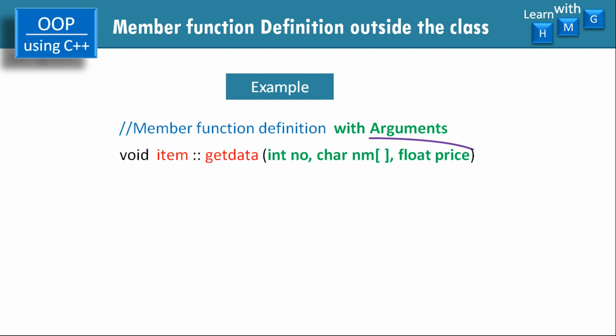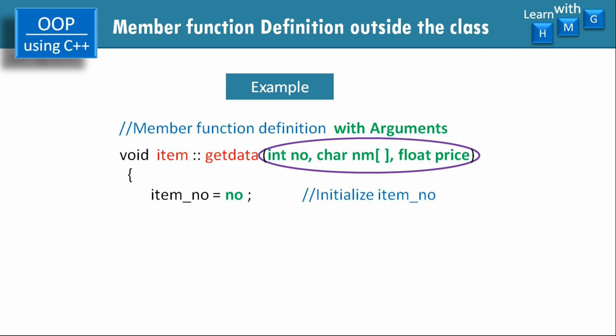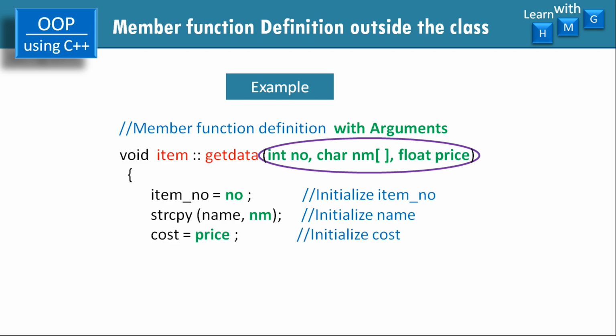The arguments are written with data type followed by variable name. In the function body, these arguments which are passed, NO, NM and price, are used to assign values to the data members of the item class. The data members are item NO, to which the value of the NO argument is assigned, then the value of NM is assigned to name using the string copy function, and the value of price is assigned to the cost data member using an assignment operation.